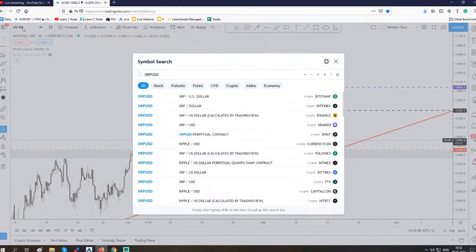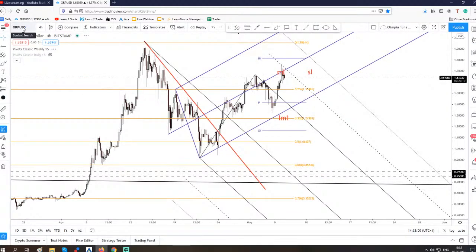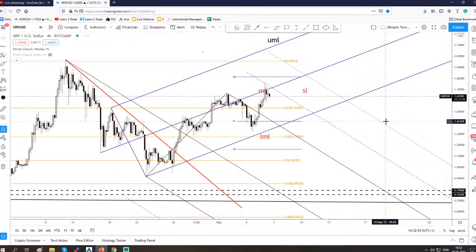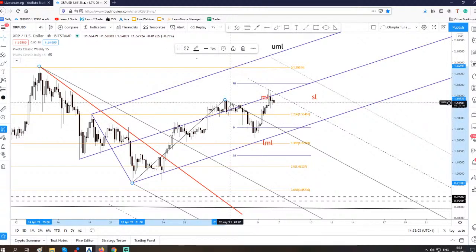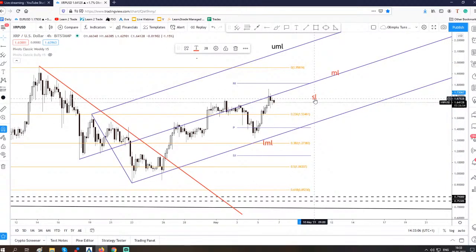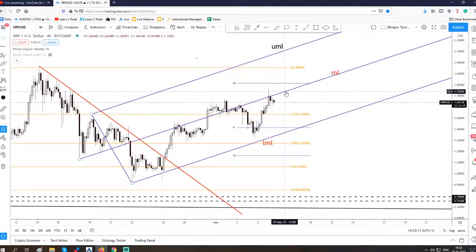Let's take a look also at Ripple. Ripple has increased aggressively after its failure here to stabilize right below the weekly pivot. This breakout above this upper medium line has signaled a further increase, and now Ripple has reached the medium line again of the ascending pitchfork, which acts as a dynamic resistance. It's rejected by this medium line.